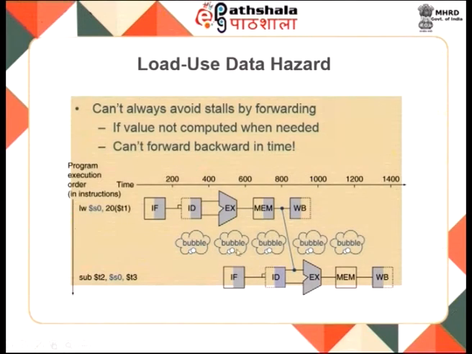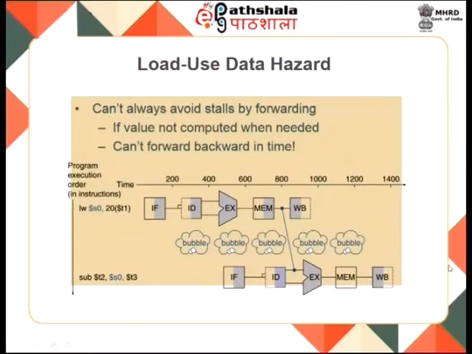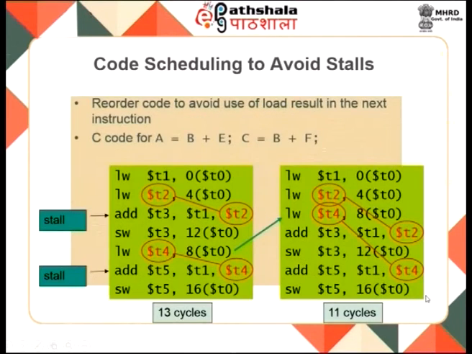So, you will have to have a bubble here, and at the end of one bubble, with the forwarding path, once the data becomes available, you can forward the data from the memory write back buffer to the input of the ALU and go ahead with your instruction. But it is not possible to remove this bubble. One stall becomes compulsory when you look at a load and a dependent arithmetic instruction.